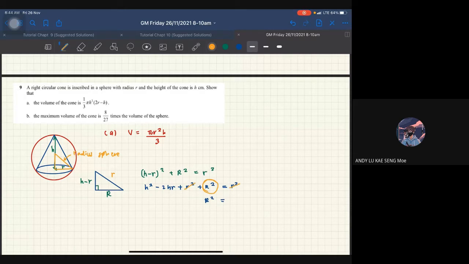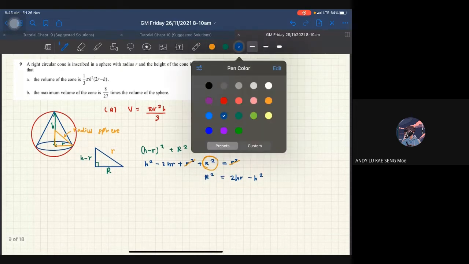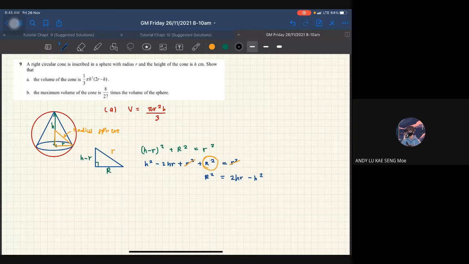So apa yang kita dapat dekat sini, r square ni kita masukkan je into this one. Sebab sekarang ni kiranya kita nak cari radius untuk kita punya cone tu. Okay, so formula untuk radius of our cone is this one. Kita akan guna theorem Pythagoras. So volume is equal to pi r square, r square is 2HR minus H square, and then times with H over 3.